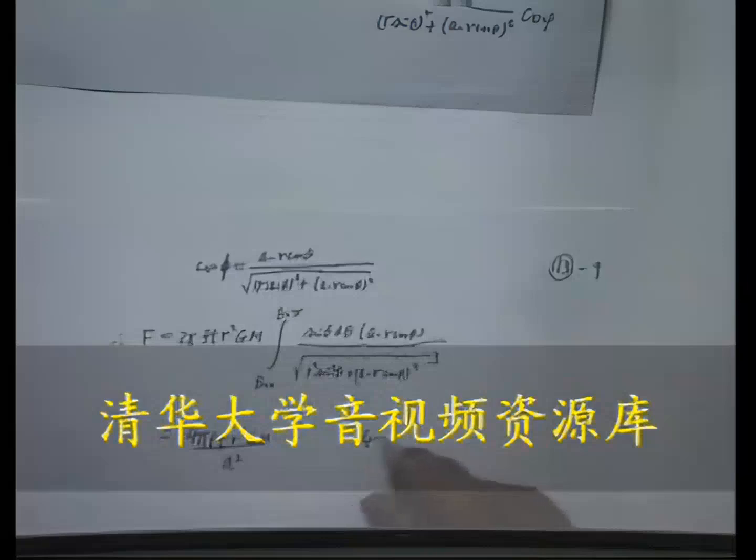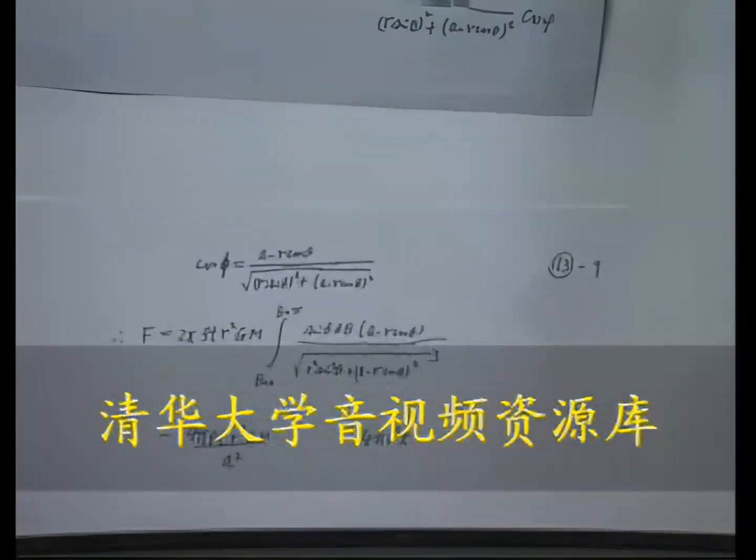But 4 pi r squared is the surface area of the shell. 4 pi r squared t is the volume. So 4 pi r squared t rho equals the mass of the shell.